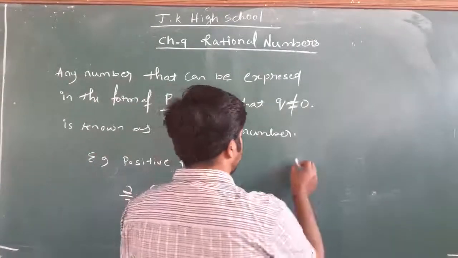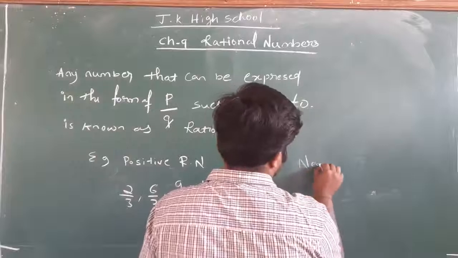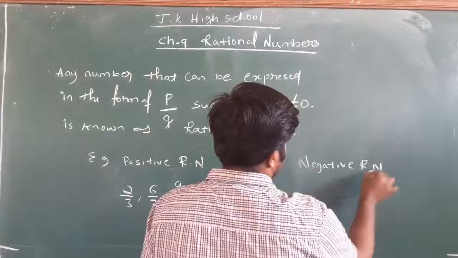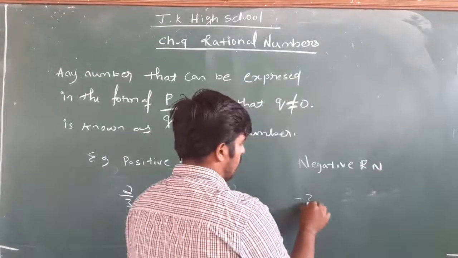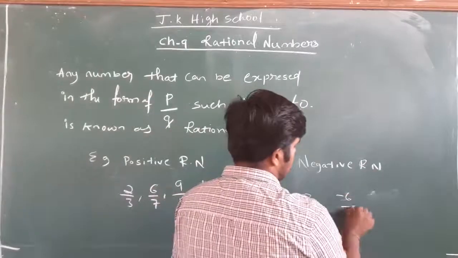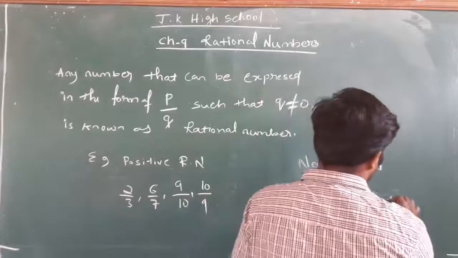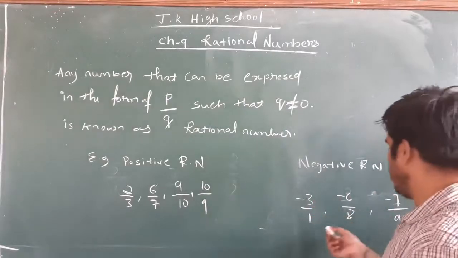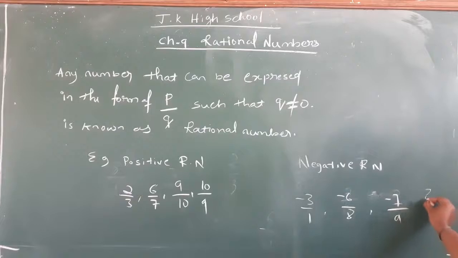And examples for negative rational numbers: minus 3 by 1, minus 6 by 8, minus 7 by 9. Look, the minus can be in the numerator, or it can be written in the denominator as well, like 8 by minus 9.